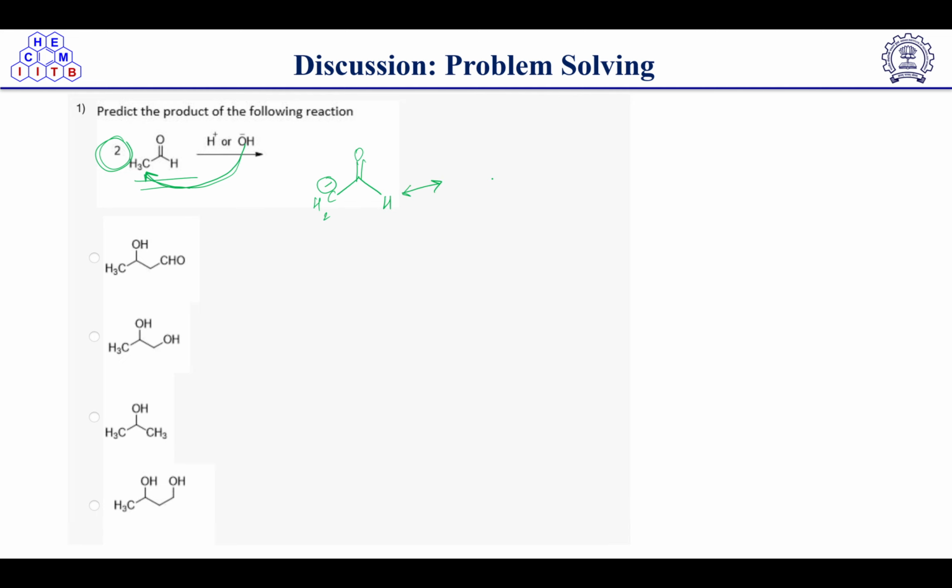We can write this in resonance with this. Got it? Now we have another molecule of aldehyde. It will attack on this carbon to form an intermediate.